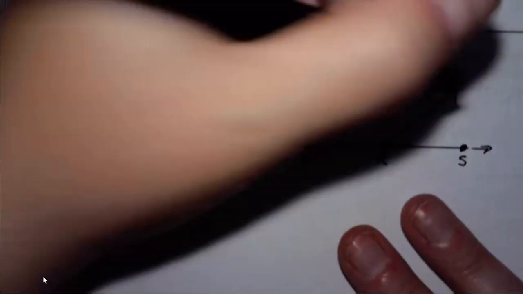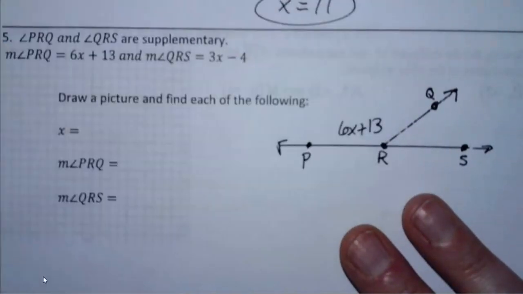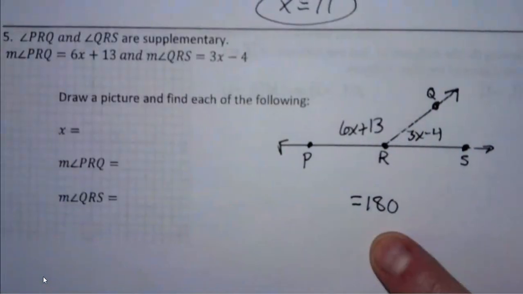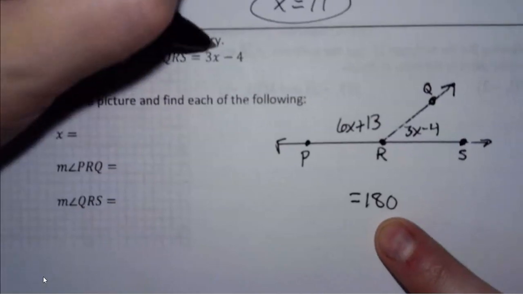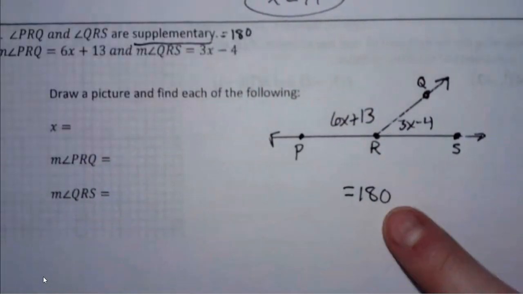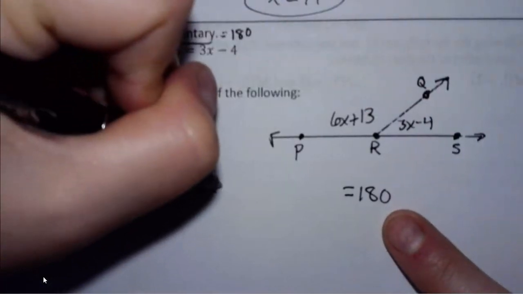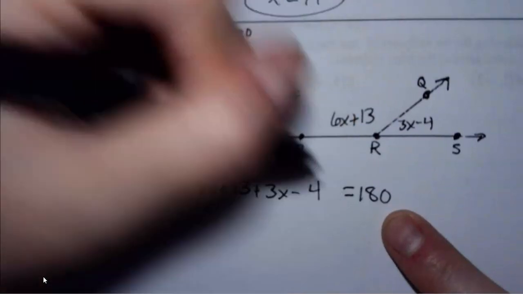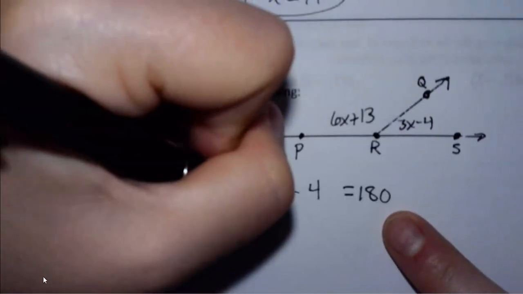All right, so we've got 6x plus 13, and we have 3x minus 4. So we can set these equal to 180 degrees because of the word supplementary, meaning equals 180. And we can add them together. 6x plus 13 plus 3x minus 4 equals 180.